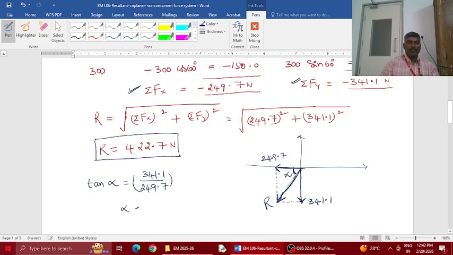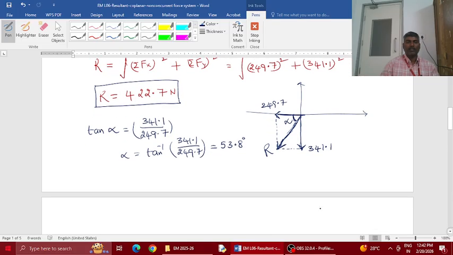Now the alpha is tan inverse of this value, 341.1 by 249.7, which works out to 53.8 degree. So this is the direction of resultant. Okay. So alpha is equal to 53.8 degree.